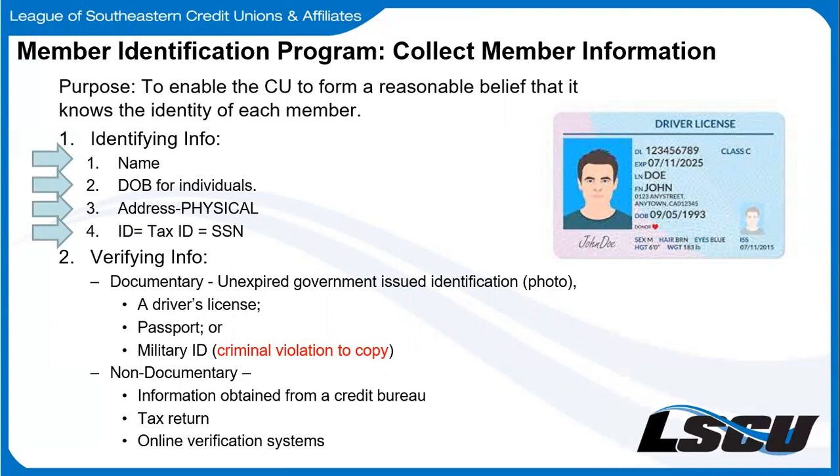So 99% of the time, you're going to use the top option for verifying info, which is our documentary method. And that is simply a government issued ID that has a photo and is unexpired. So driver's license, passport, military ID, all of these items suffice as long as they are unexpired and have a photo.